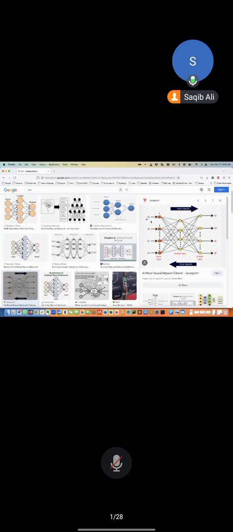So these are your inputs, and these are neurons. There is one input layer, one output layer, and there might be thousands or millions of hidden layers. These are all connected. Input comes from here. These are the different inputs, or the feature vector, our features.